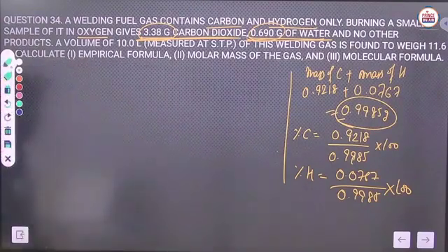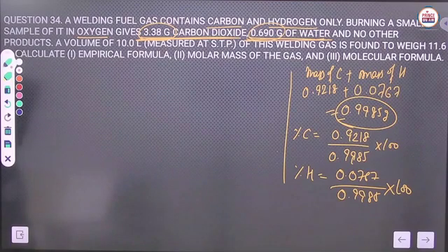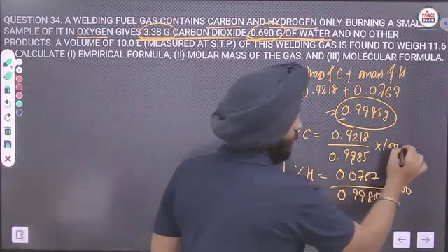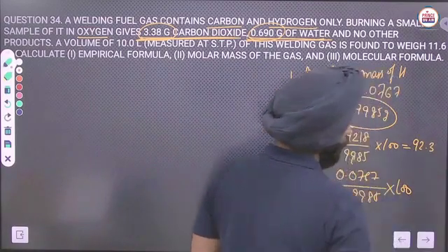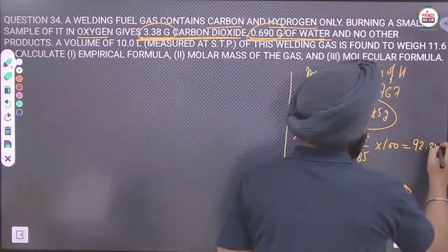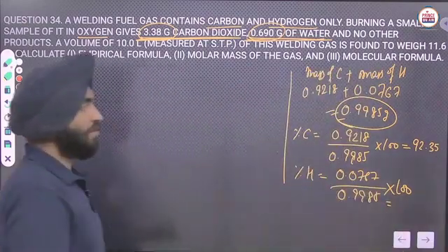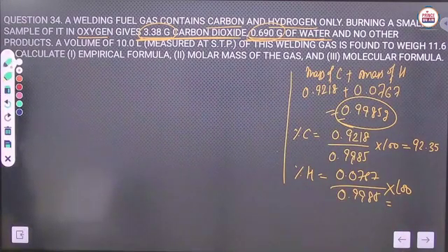Try it. The percentage of carbon will come out to be 92.35, and the percentage of hydrogen will come out to be 7.65.